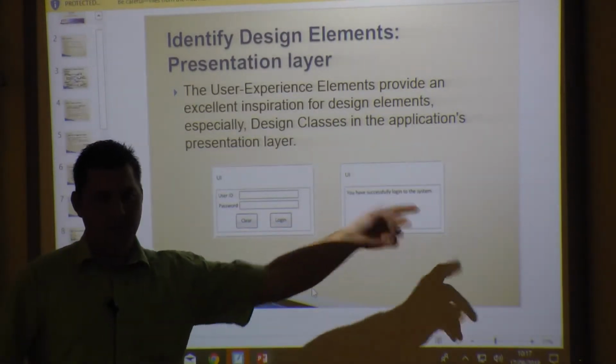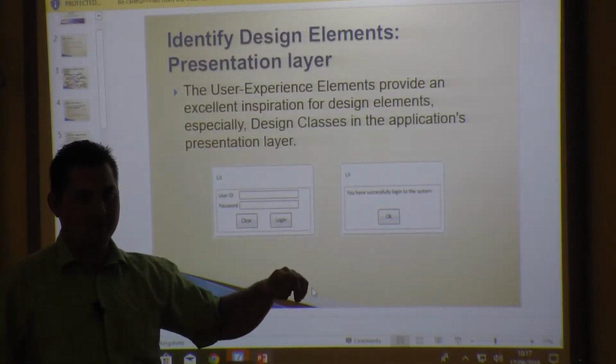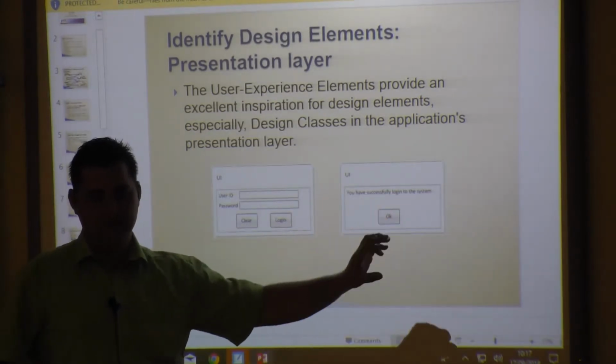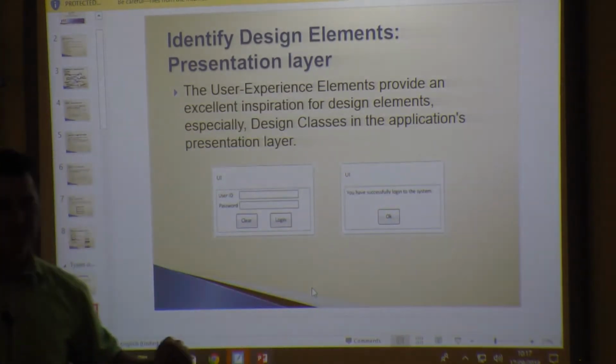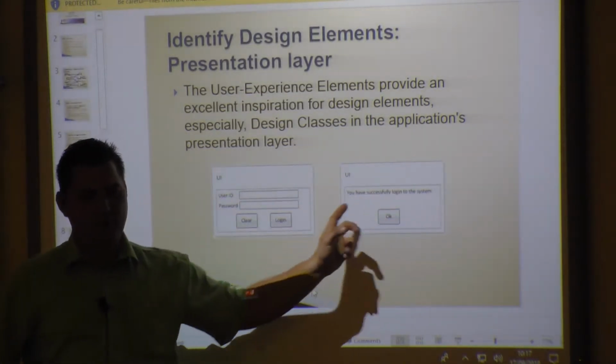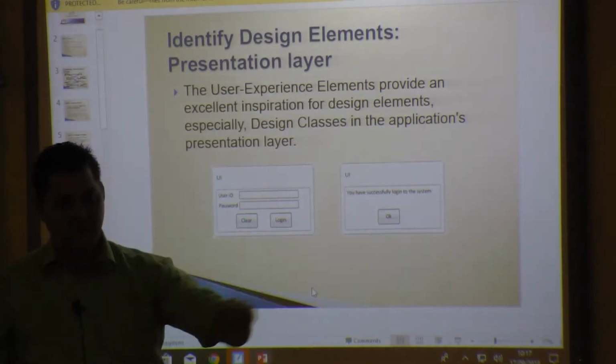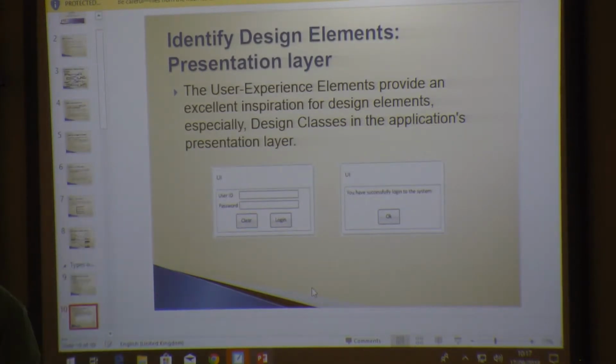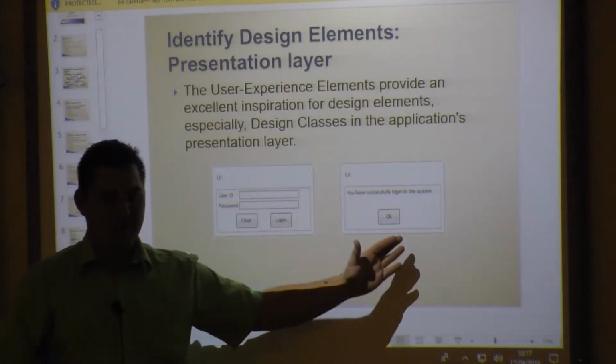It's going to take him to the other page. But firstly, it's going to process the data and see, should it take him there? Let's say this screen needed to tell the person, welcome, and the person's name, and you've been authenticated in that date and time. Is that static or dynamic?